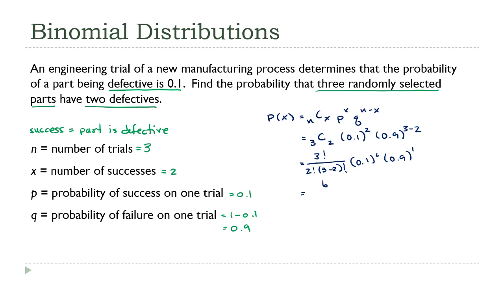That's 6. 2 factorial is 2 times 1. That's 2. 3 minus 2, that's 1 factorial. And 1 factorial is just 1. Right? And again, 0.1 squared, 0.9 to the first. And now let's just go in your calculator. My calculator tells me this is 0.027. So there's my probability.